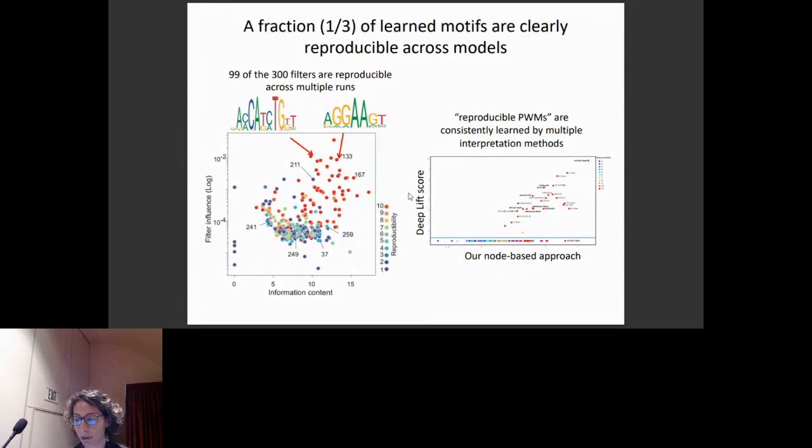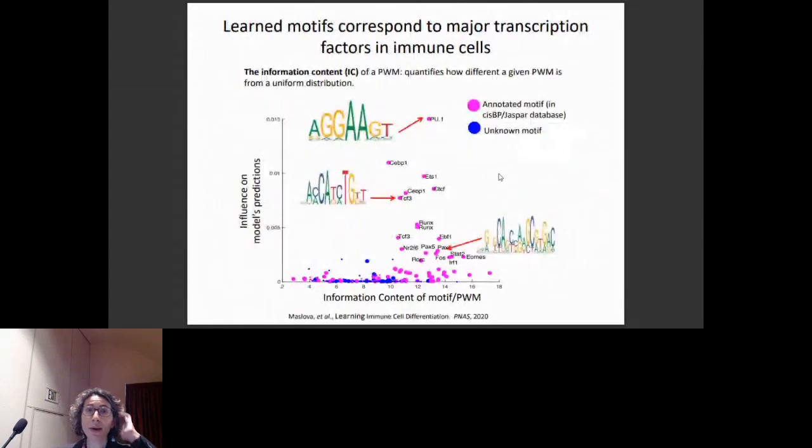And that's what I'm showing you here, which I won't go through on the right. So what do we actually find from a biological standpoint? We can now match these motifs that we found with known transcription factor binding databases like CisBP and JASPAR. And once we take into account only motifs that are reproducible, we see the vast majority of the motifs that the model finds correspond to known transcription factor binding sites that are known to be important immune regulators.